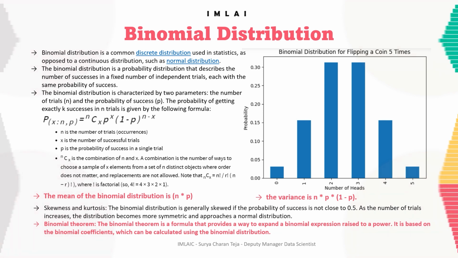It's characterized by two parameters: the number of trials and the probability of success. Understanding its properties and applications can be helpful for data scientists when modeling phenomena such as the success rate of a marketing campaign or the probability of a disease outbreak in a population.